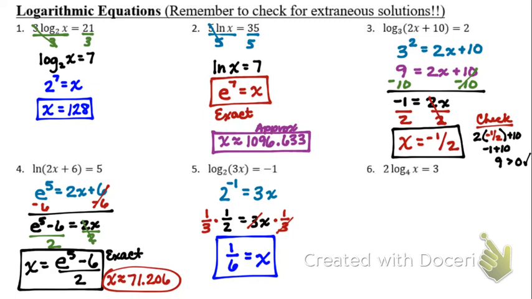Let's do number 6, and then I'll pass out your quizzes. What can I do here? Divide both sides by 2. So I get log base 4 of x equals 3/2. 4 to the power of 3/2 equals x. I like leaving this as a fraction because what do I know about fractional exponents?